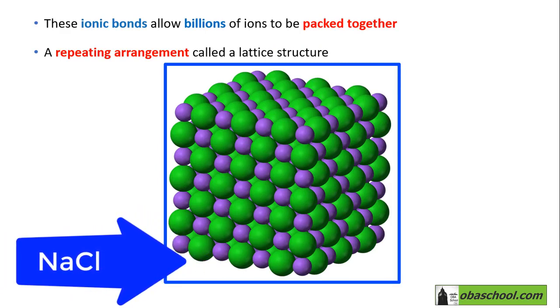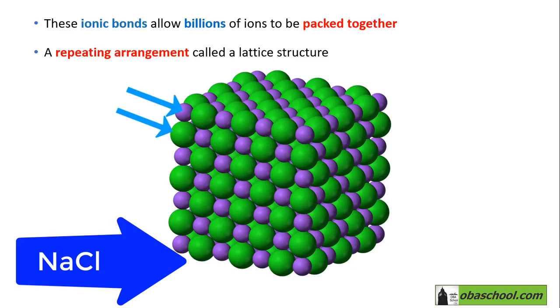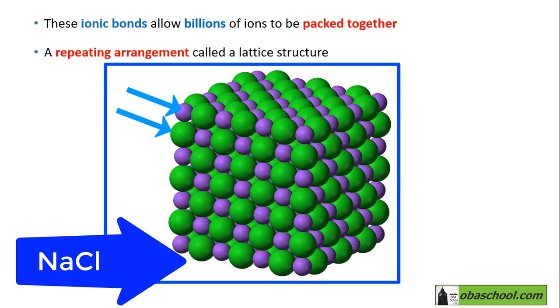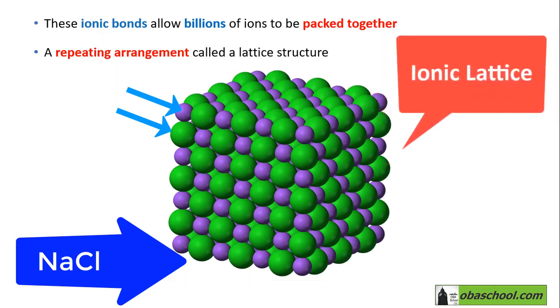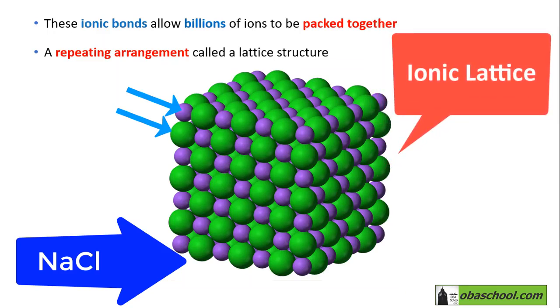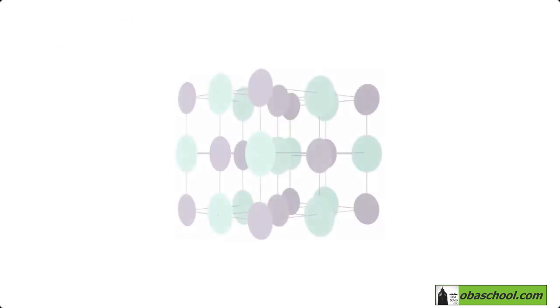So whenever these ions that we have mentioned in the previous slide are packed together in such a repetitive arrangement, this is what we call an ionic lattice. This is what we call the lattice structure.